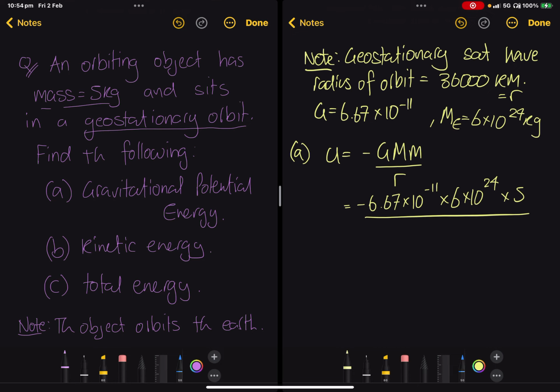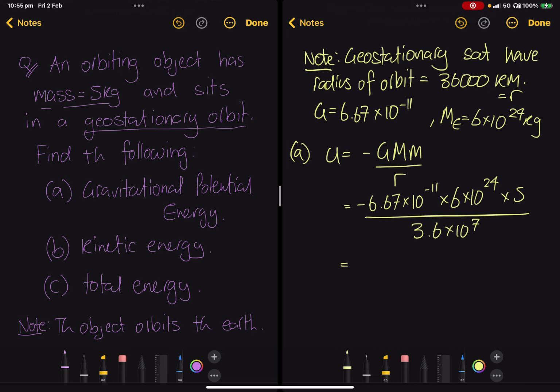So that's 3.6 times 10 to the 4 kilometers. That's 3.6 times 10 to the 7 meters. So this has to be in meters in this case. So now we are going to plug all of this into our calculator. Minus 6.67 times 10 to the minus 11 times 6 times 10 to the power of 24 times 5.